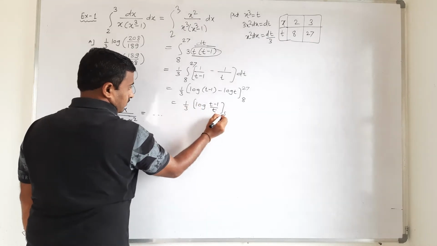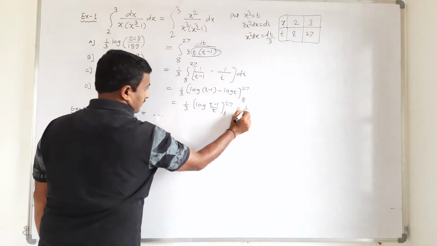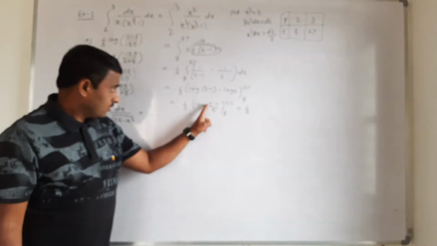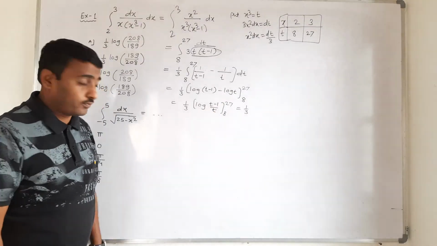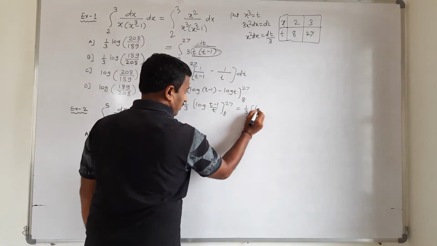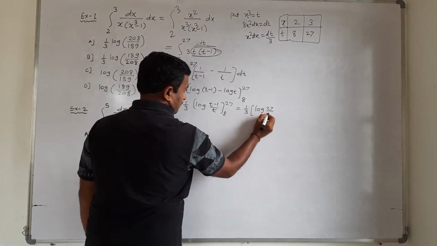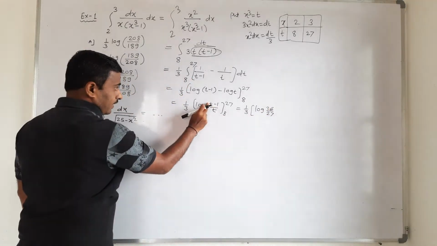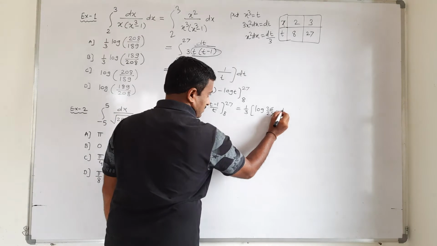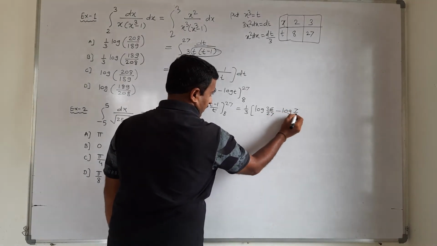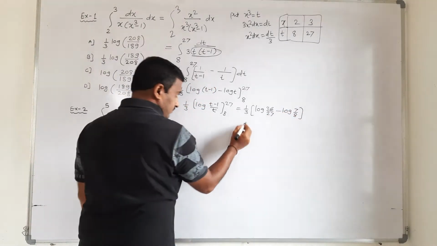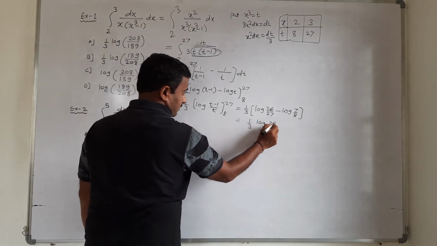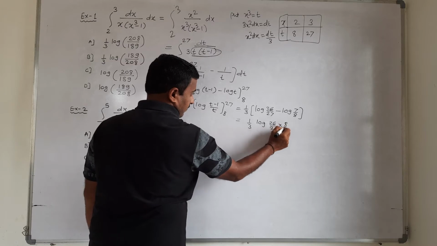Upper limit: 27 minus 1, 26 by 27; lower limit: 8 minus 1, 7 by 8. Log a minus log b is log a upon b, so 26 by 27 into 8 by 7.